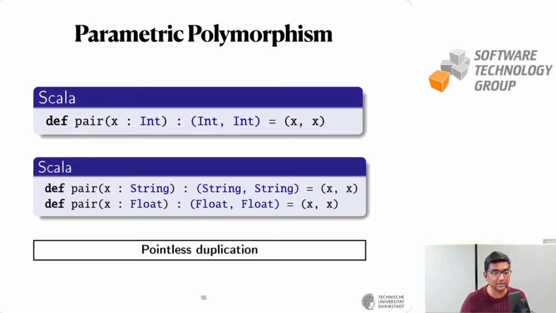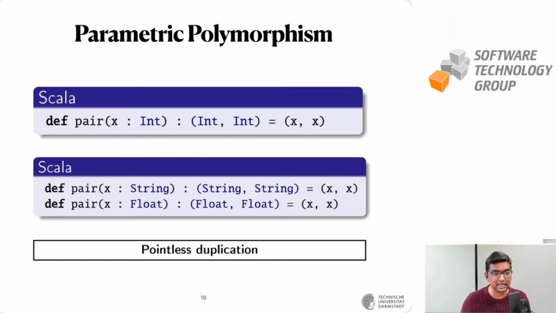This can be considered overloading, but as you can see, this is still pointless duplication because essentially the code is doing the same thing. You have a defined pair which takes in an integer and returns the same integer as a tuple. You have the variant of pair with strings, which returns the same string as a tuple. You have defined float as the same float as a tuple.